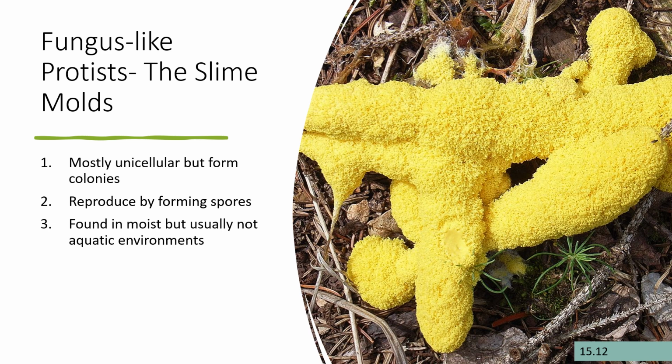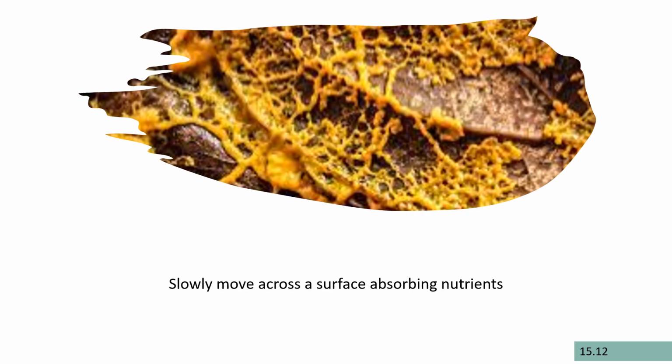They reproduce by forming spores, like fungi, which we'll talk about more when we cover fungi. They are often found in moist but not aquatic environments, so you'll find them in damp areas of forest, living on logs and leaf litter. The one shown in the picture here is also known as the dog vomit slime mold. I'm sure you can guess why.